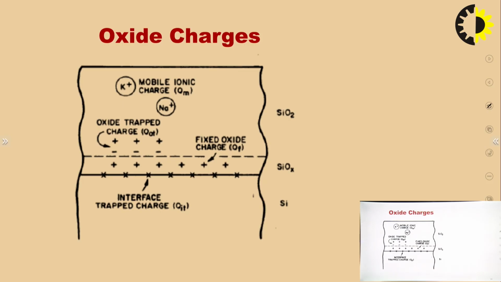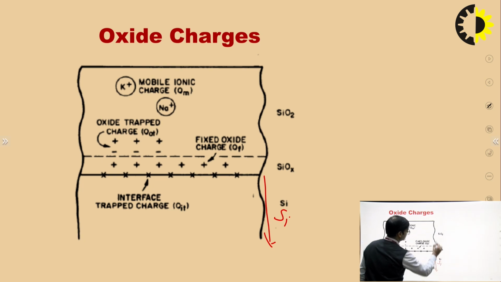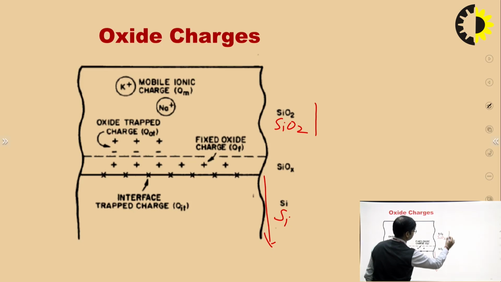This is a diagram representing different kinds of oxide charges. So, this is our silicon, this is our silicon dioxide, and this is the interface.